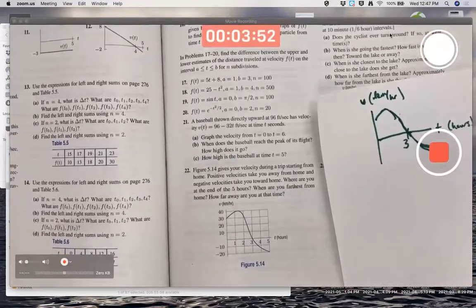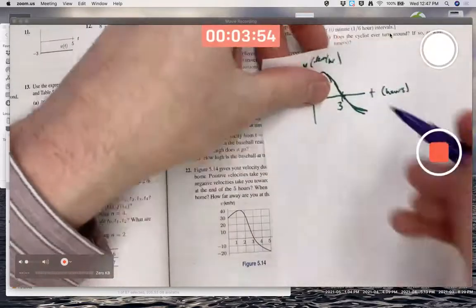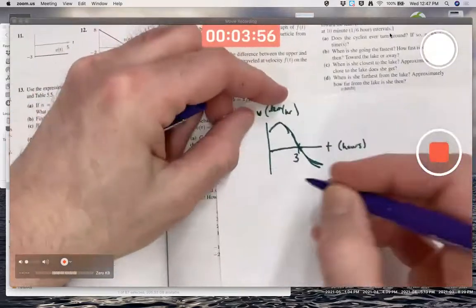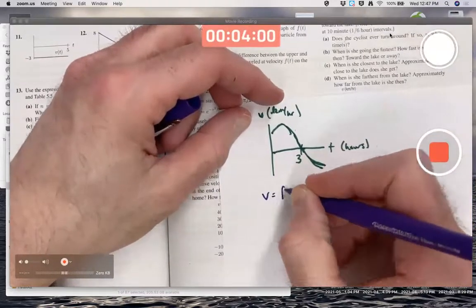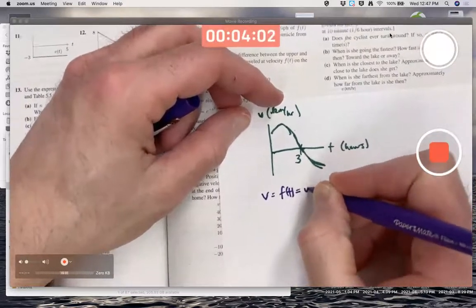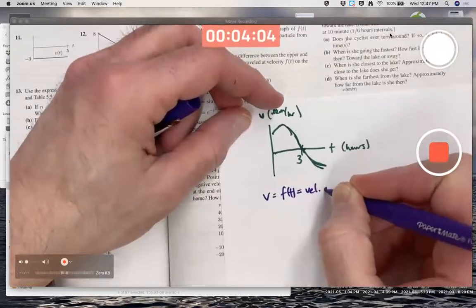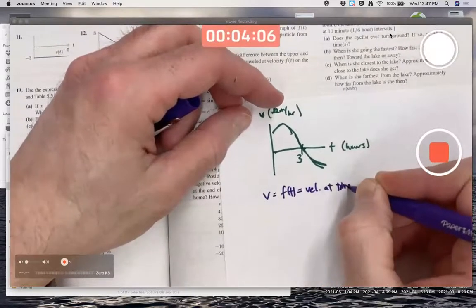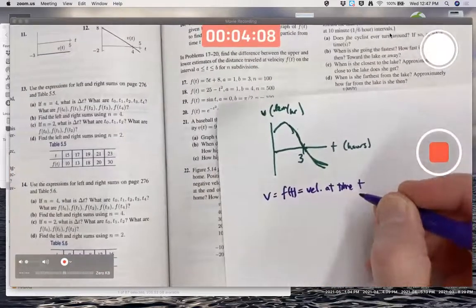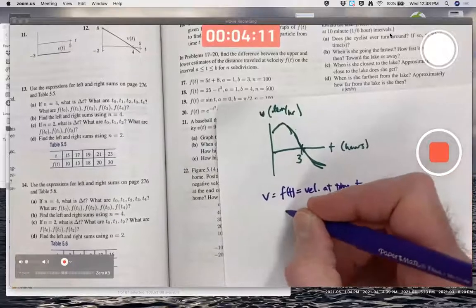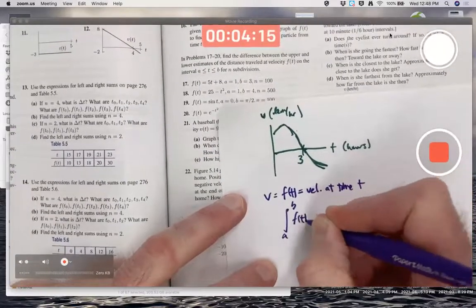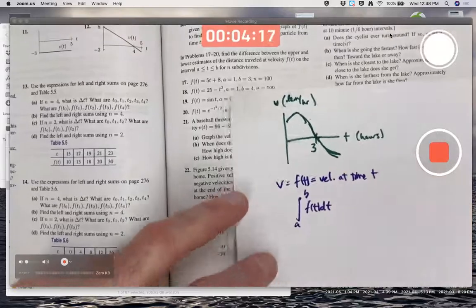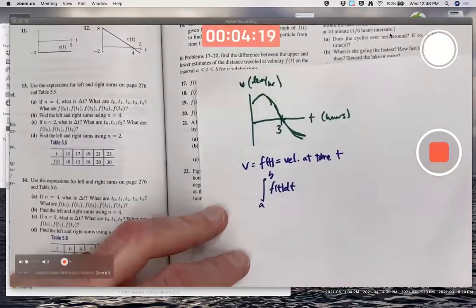The key principle is that when you've got a velocity function, if v equals f of t is your velocity at time t, then over any interval where you integrate the velocity, you're going to get your change in position.